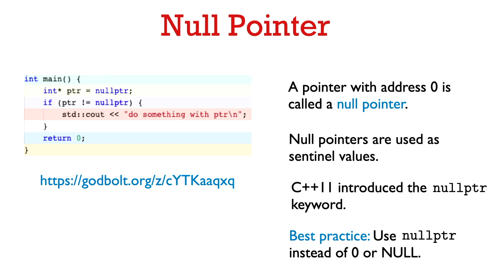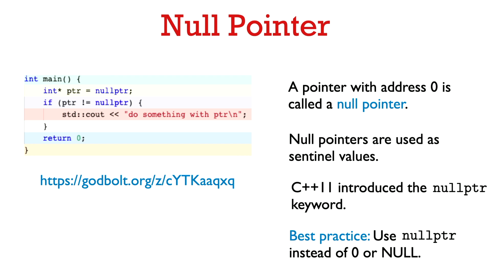The reason is that nullptr has just one job, and that's to denote a null pointer, whereas 0 or NULL are also used in other contexts, just to represent the integer 0. So I think it's best practice to always be explicit. If you want a null pointer, use the keyword nullptr. That's what it's designed for, and that's its only purpose.